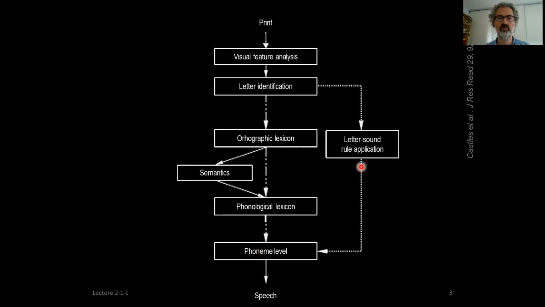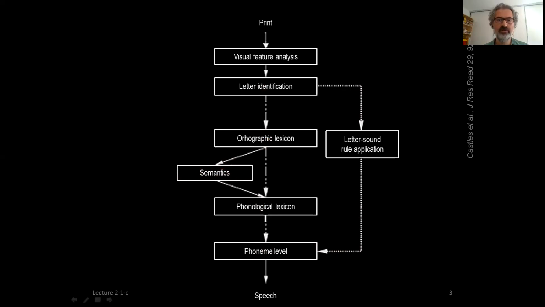But this just works letter by letter and will eventually produce something you can pronounce. So this is the indirect grapheme to phoneme route, and this is the direct word form route. And both of these are non-semantic. So this model has two routes that do not depend on meanings. Dependence on meanings would be a third route, but that's never been used because it's not implemented.